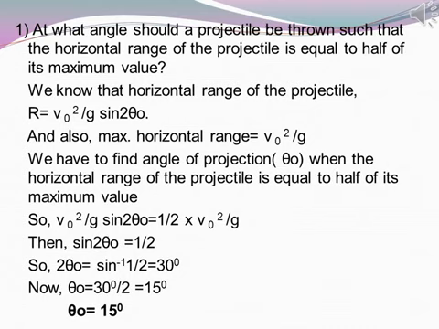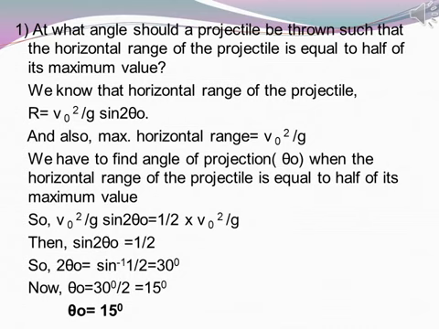The solution is, we know that horizontal range of the projectile is equal to V0 square by G into sine 2 theta 0, and also maximum horizontal range R maximum is equal to V0 square by G. Here we have to find angle of projection theta 0 when the horizontal range of the projectile is equal to half of its maximum value.